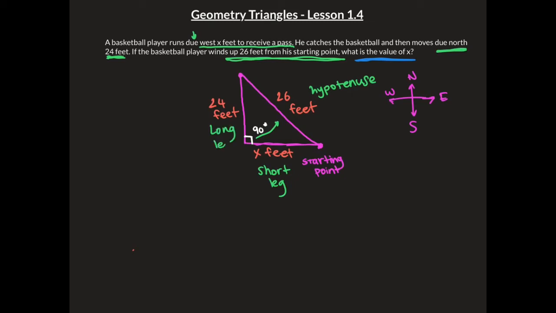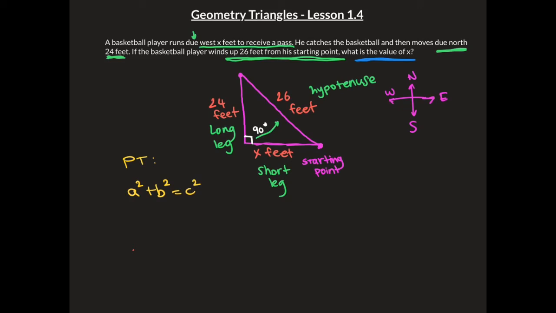It really doesn't matter, you just need to know which is our hypotenuse to complete the Pythagorean theorem. So remember, the Pythagorean theorem is a squared plus b squared is equal to c squared. So let's label our a, b, and c.